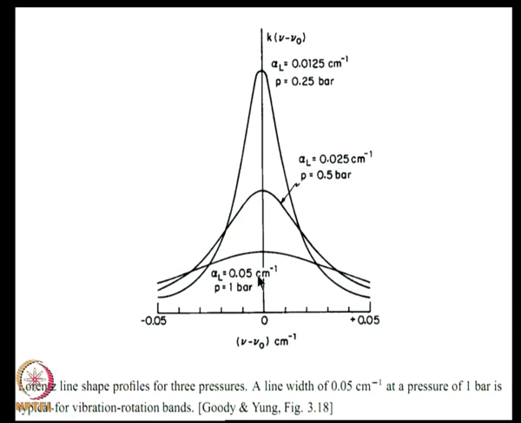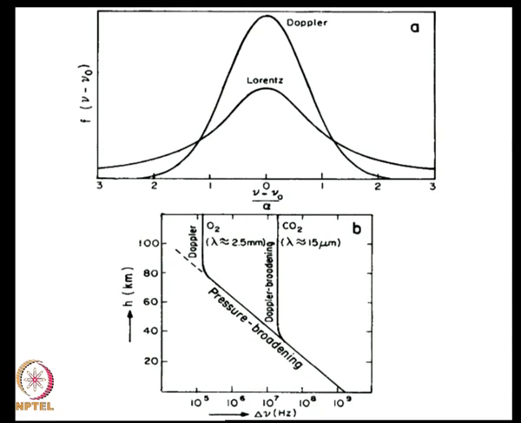So, you can see that line width in this case increases linearly with pressure, and that is why in the Earth's atmosphere Doppler broadening dominates at low pressure above about 80 kilometers, while pressure broadening is what you will see at the lower elevations. For oxygen, for carbon dioxide beyond 40 kilometers, you can see the Doppler broadening dominates, and below 40 kilometers the pressure broadening dominates.